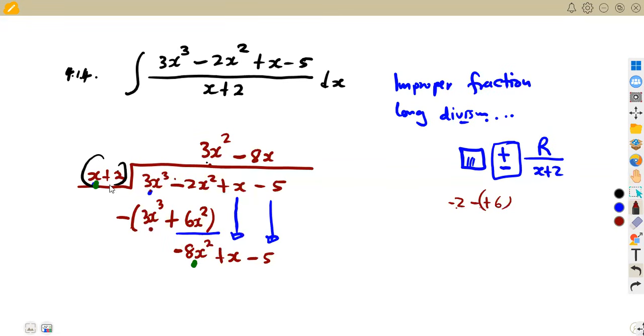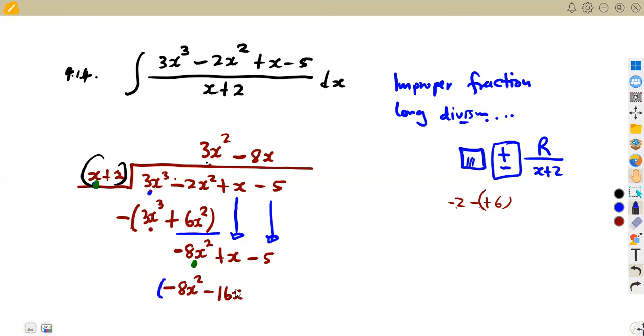You divide with 1x, you remain with 1x. Whatever that you get multiplies everything in this bracket. That is the concept. So it's minus 8x times x, which is minus 8x squared. Minus 8x times a plus 2, which is going to be minus 16x. So this is what you're going to obtain.